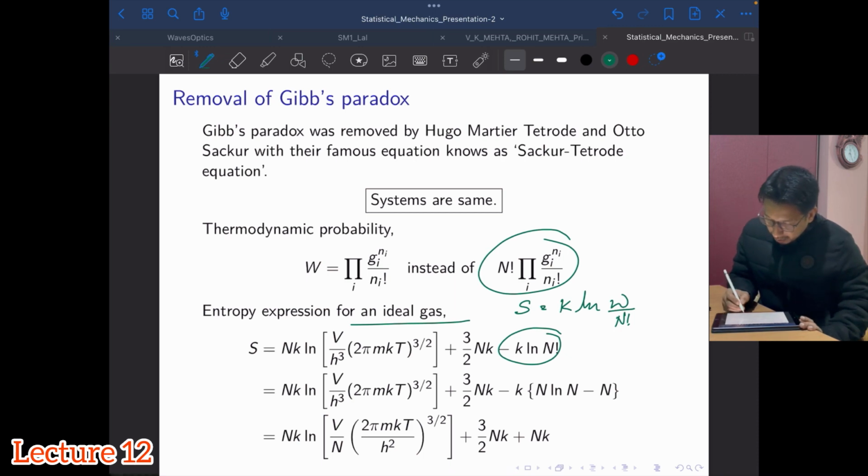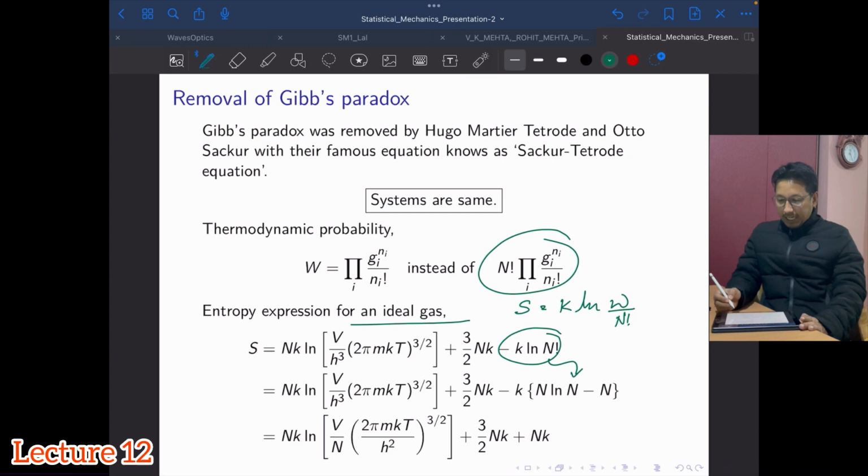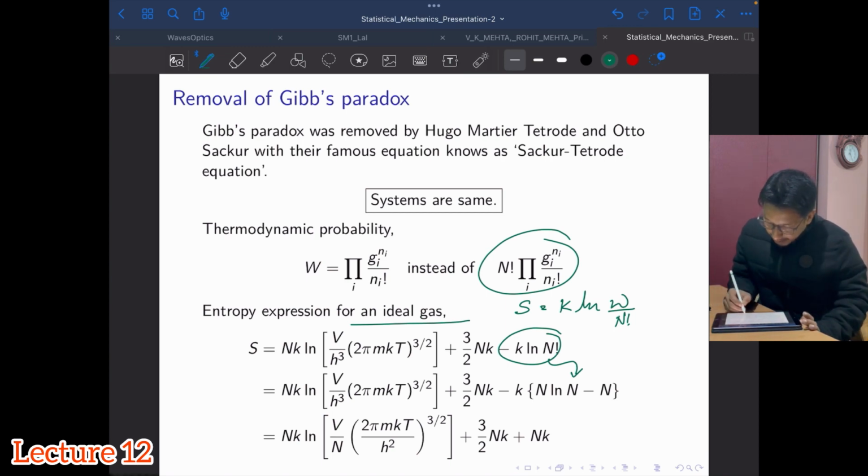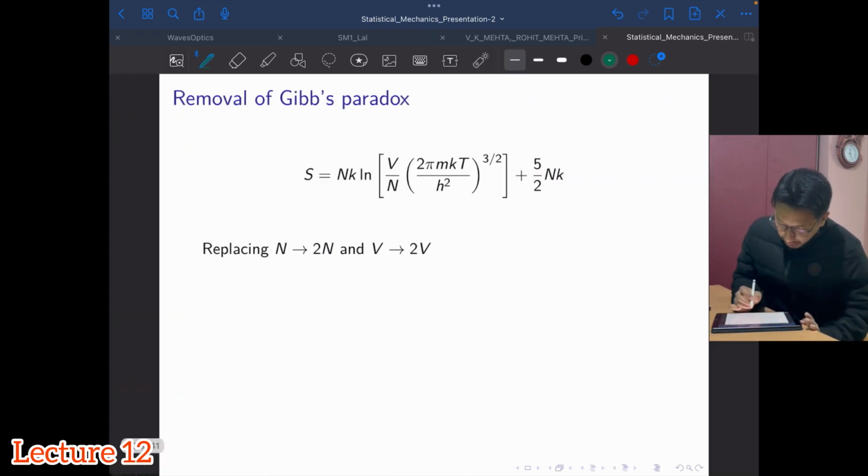Then using the Stirling approximation, I get n ln n minus n. I can take the common factor k and absorb the ln n into the first term. This is negative, this is negative, so it becomes positive nk. If I combine both of them, I get this expression.